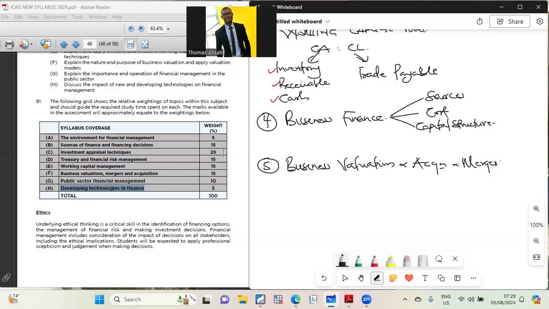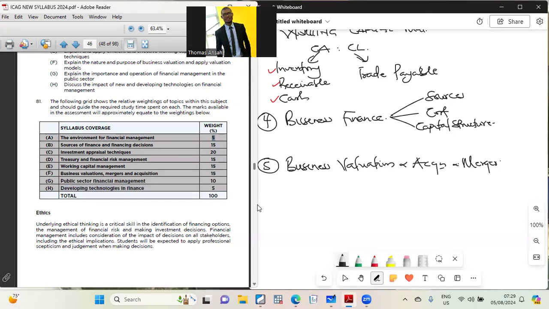And for investment appraisal, there was a topic called time value of money. That was 10 marks, and investment appraisal was 15 marks. Now they've combined the two and given it 20 marks, which means they took 5 marks out of it. And that is what they placed here. They took 5 out of business valuation too. And also 5, I think, out of this one too, the environment. So that is what has happened now.